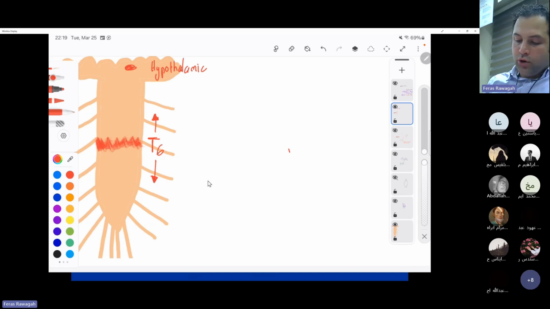And there is something called the hypothalamospinal tract, which innervates the autonomic nervous system of the spinal cord. Now, this is regarding the autonomic function of the spinal cord and the neurogenic shock.